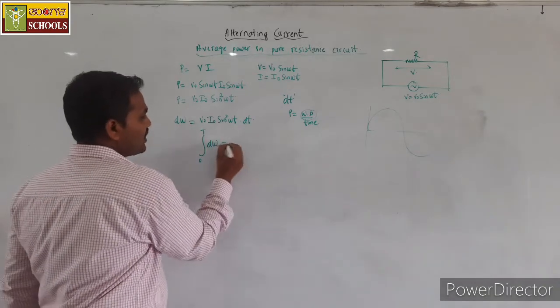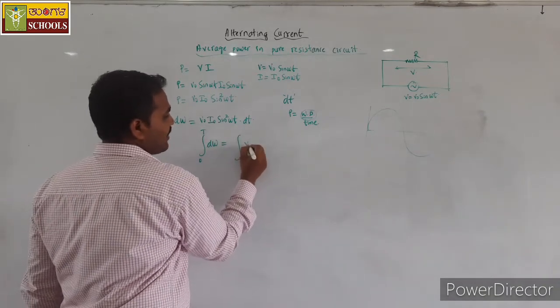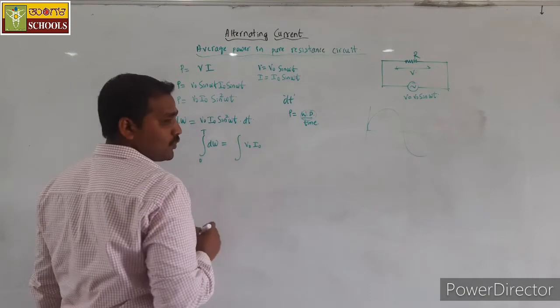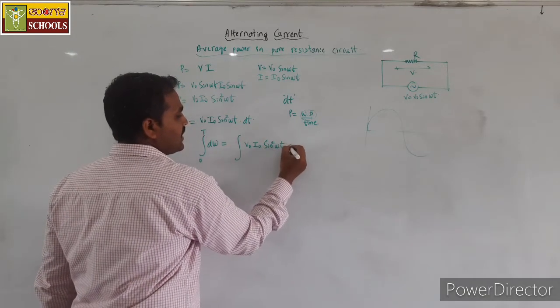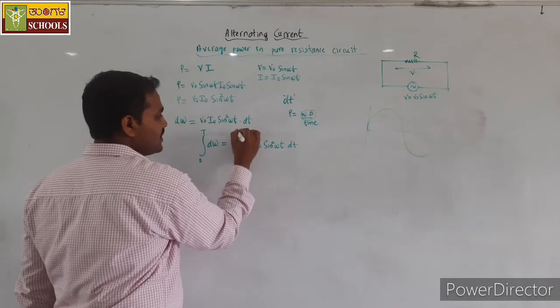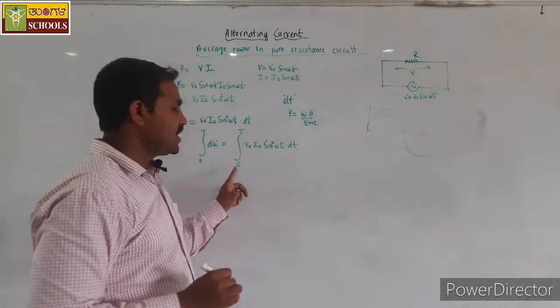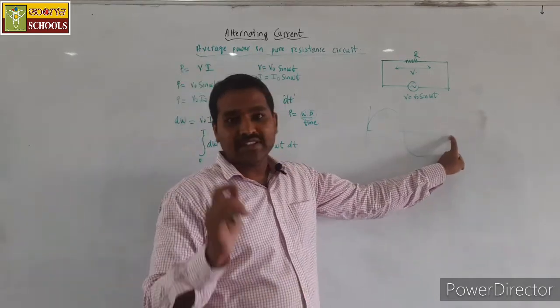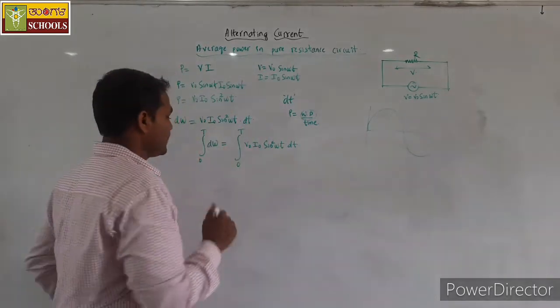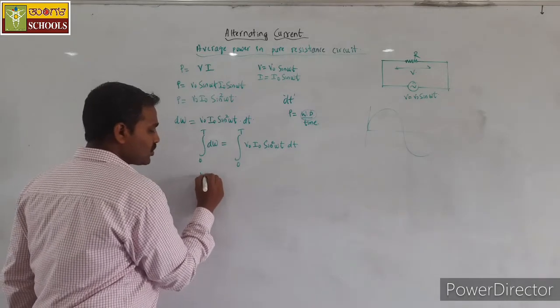RHS also we shall integrate. I will get the integration of V naught I naught into sin square omega t dt between the limits 0 to T, that is the limits for the time. Initial time is 0, the final time is the time period, capital T. This will give me the total work done.